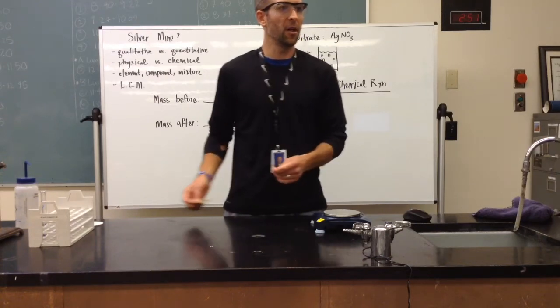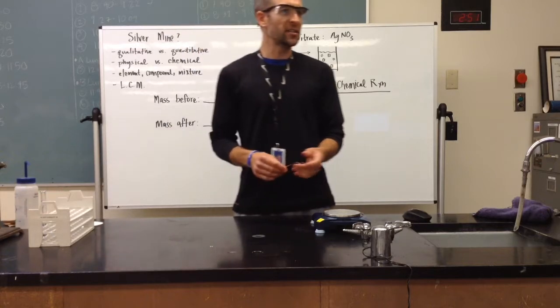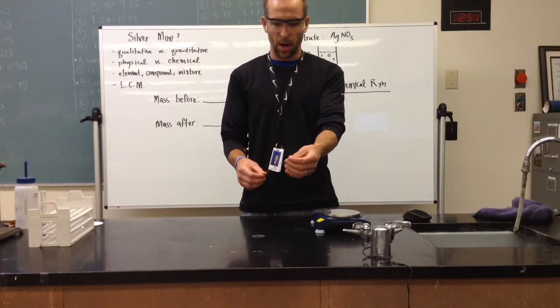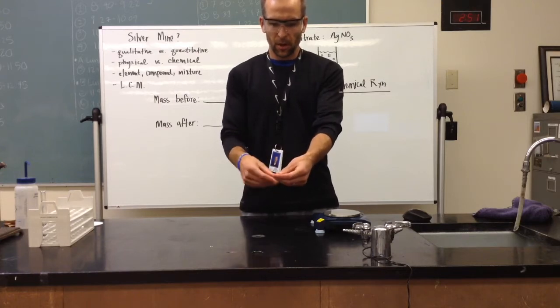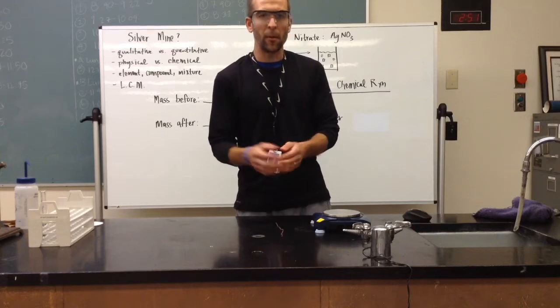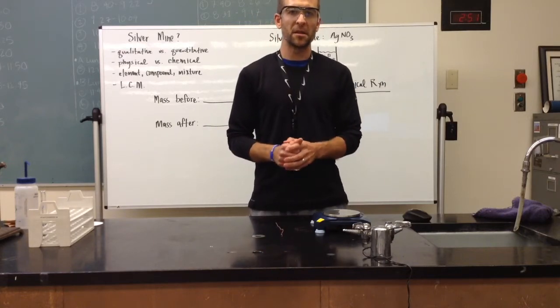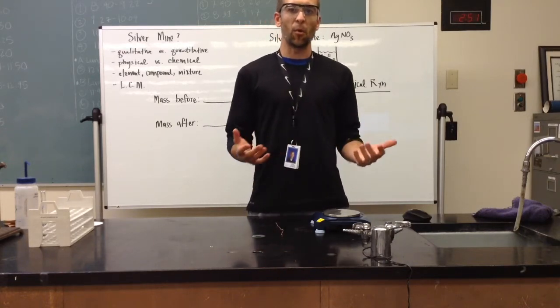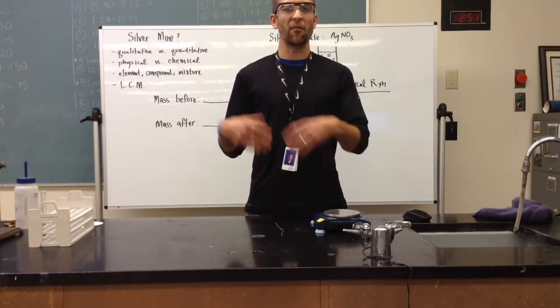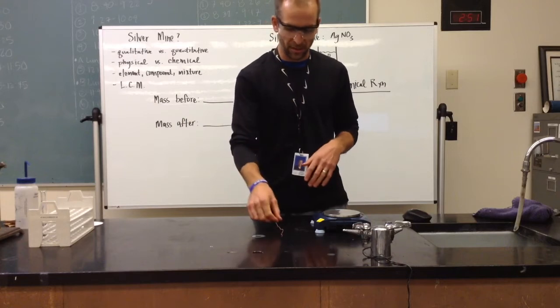So, speaking of luster, the next step says to observe and record its properties. So, here's where we're going to look at some of our qualitative versus quantitative properties. Remember that qualitative properties are properties that can be listed without using numbers, they're descriptive, and quantitative properties involve numbers and quantities.